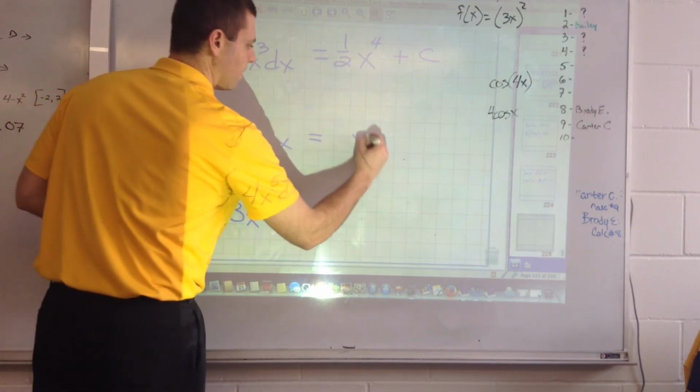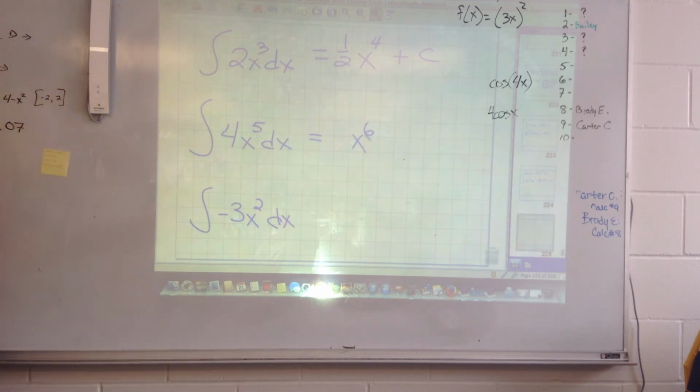So this one. I know I have to have x to the sixth. 6 times something has to give me 4. Why not just take 4 divided by 6? I'm just talking through my thought process here. There's lots of different ways.